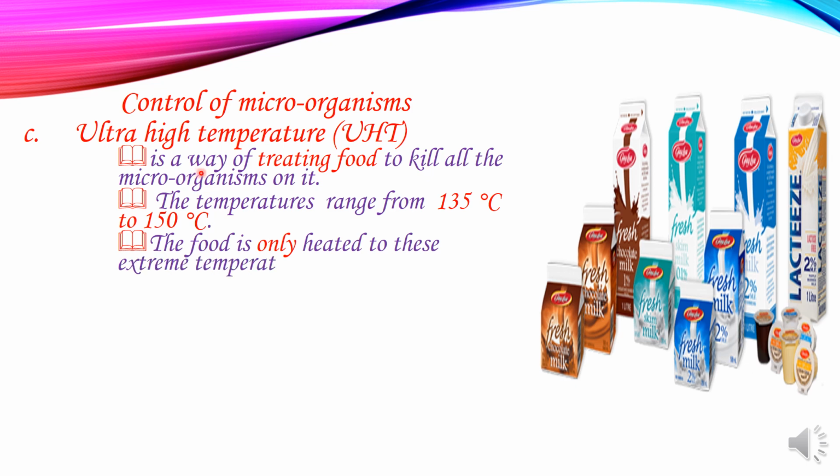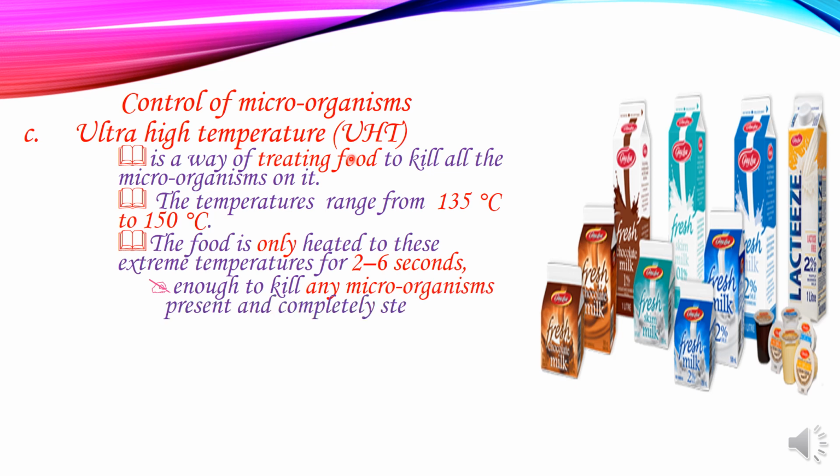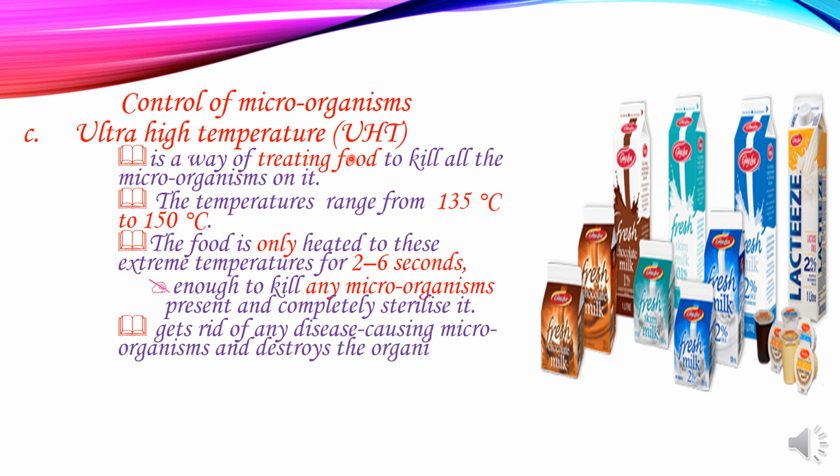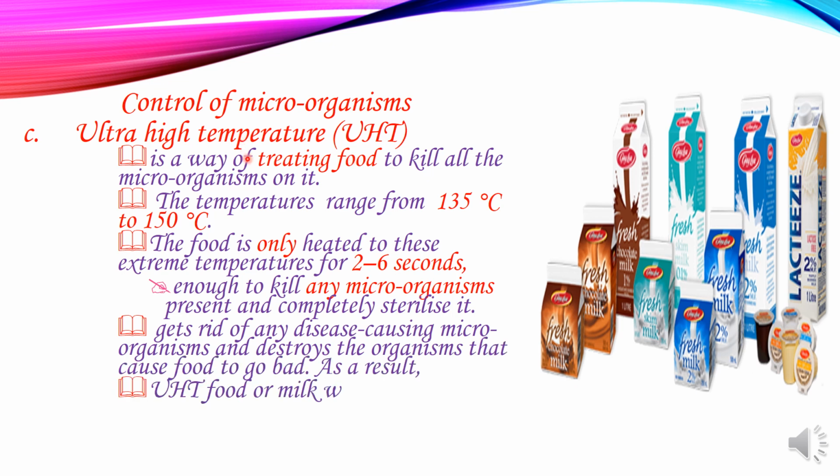Ultra heat temperature ደግሞ እንደሚያገለግለው is a way of treating food. በታሸጉ ምግቦች ሲዘጋጁ ከመታሸጋቸው በፊት በዚህ ፕሮሰስ ያልፋሉ ማለት ነው። ወተት ሊሆን ይችላል፣ ሌሎች የታሸጉ መጠጦች፣ የታሸጉ ምግቦች፣ ጁሶች ሊሆኑ ይችላሉ። ከመታሸጋቸው በፊት they should pass under UHT. ያሉት ማይክሮኦርጋኒዝም በሙሉ ይገላቸዋል ማለት ነው። The temperature range is from 135 degrees Celsius to 150 degrees Celsius.